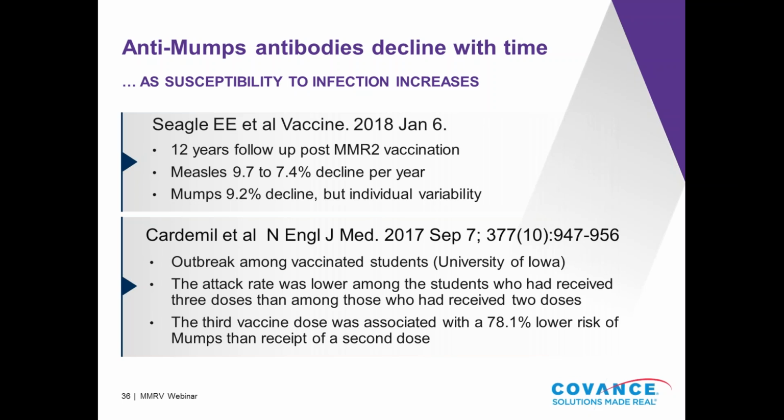As compared with students who had received the second dose of the MMR vaccine within the previous 2 years, those who had received it 13 to 15 years earlier had 7 times the risk of infection, and those who had received it 16 to 23 years earlier had 11 times the risk. These findings suggest that the campaign to administer a third dose of MMR vaccine improved mumps outbreak control, and that, more importantly, waning immunity is contributing to the propagation of the outbreak.